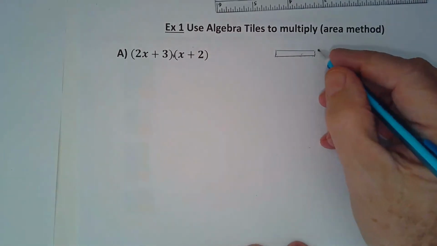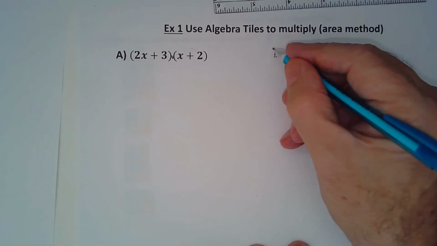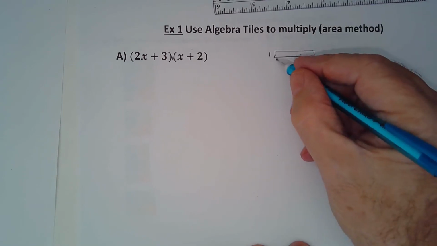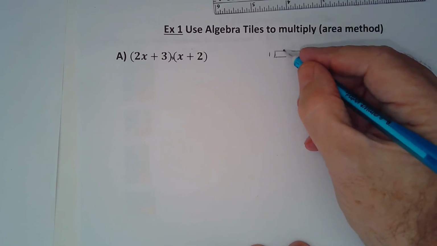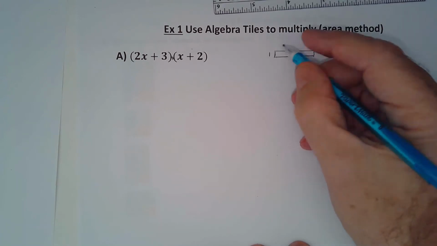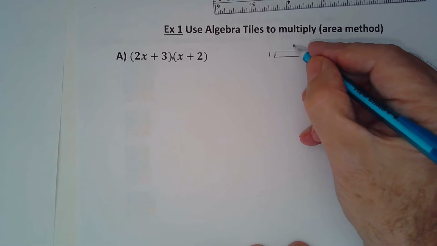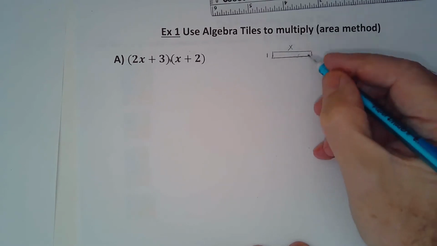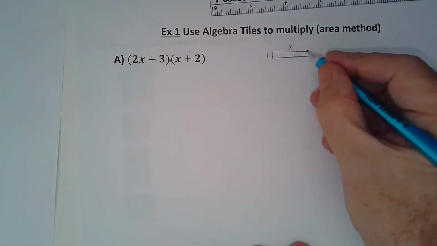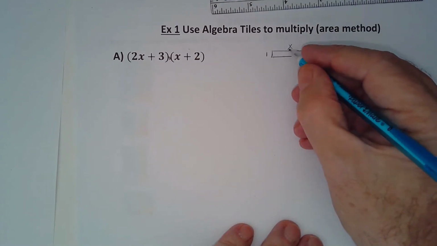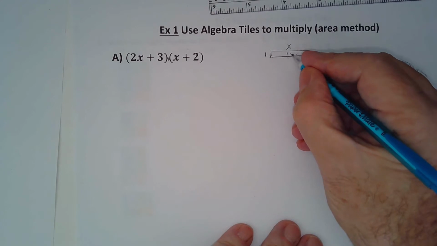And so this is a tile that has a height of 1 unit, or width of 1 unit if you want to call it, or length. It doesn't matter which you call length and which you call width. But we don't know what, now I guess we'll call this width, we don't know what the width is, so we just call it x. It's some unknown. So this tile is worth 1x.